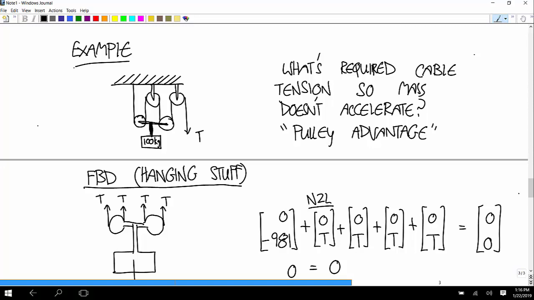So you can think of that as pulling this down 1 inch means shortening each one of these 4 things 1/4 inch. Okay. And so to get this to go up a distance, you have to pull this 4 times as far.